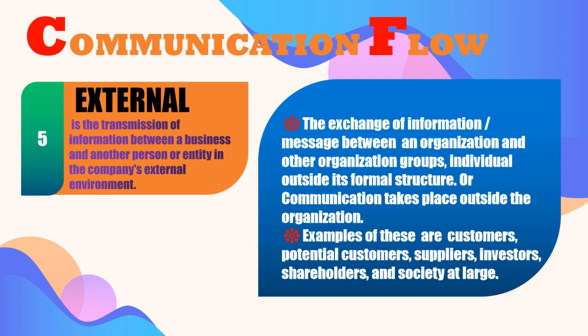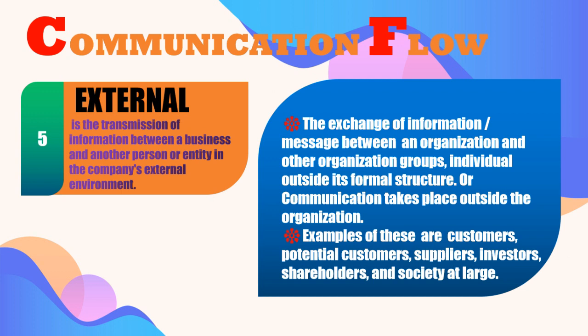Examples of these are customers. The customers are communicating with our company, or our company needs to communicate with our customers, or our potential customers. They're communicating if they want to get some supplies, so they will communicate with the suppliers.